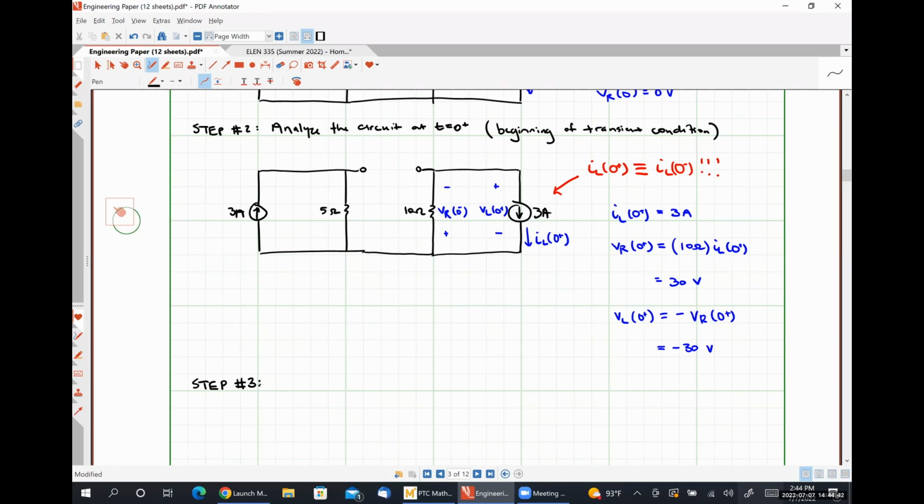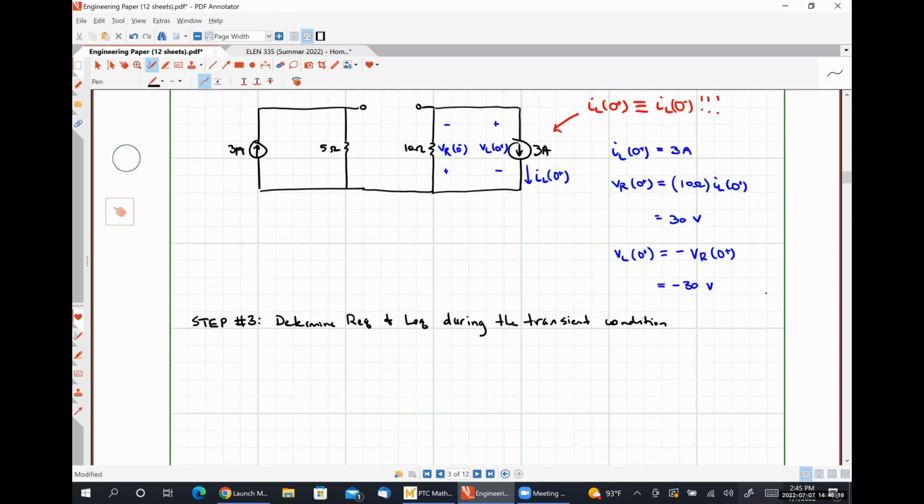But for now, step 3 is going to be determine REQ and LEQ during the transient condition. So during the transient condition means for all time greater than 0 plus.